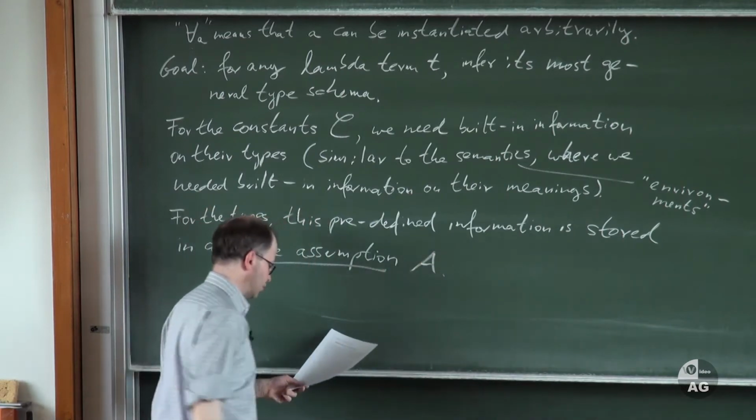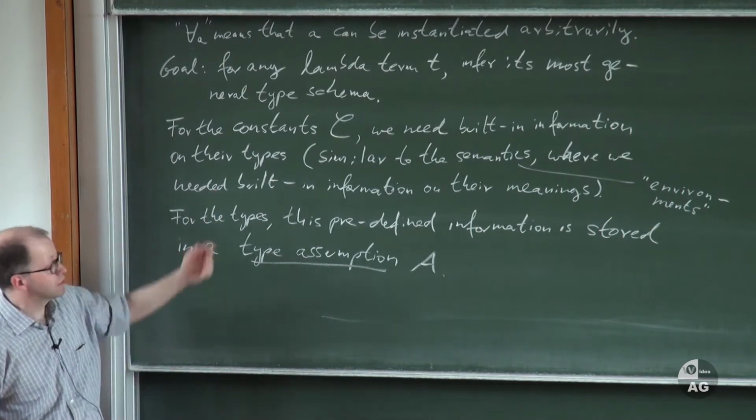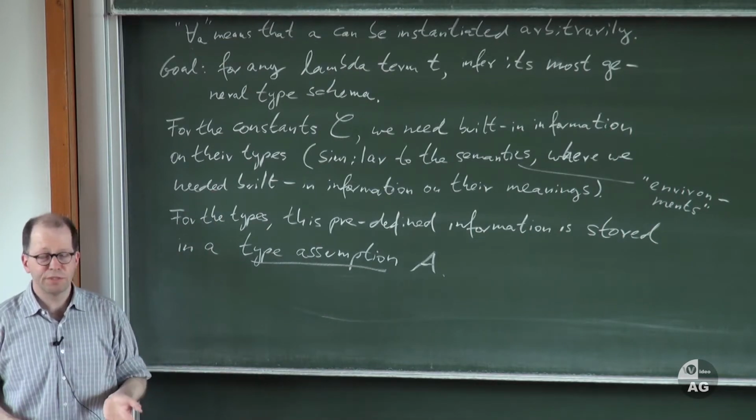So in some type assumption A. And what A does is, A is a mapping. A maps any constant from C to the corresponding type schema.